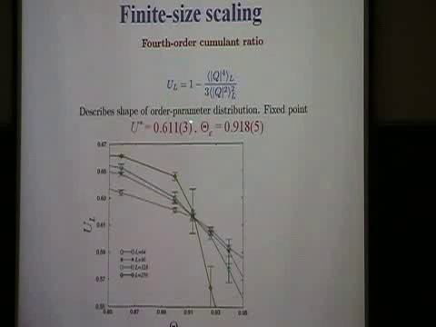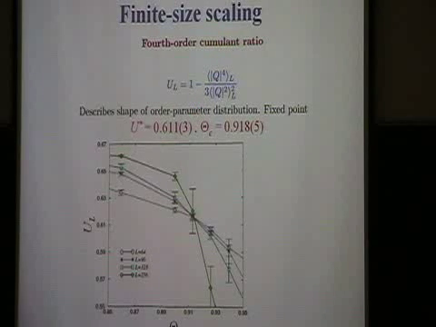It's essentially a way of calculating the shape of the order parameter distribution. If you're in the ordered state, where the order parameter distribution is essentially Gaussian around a non-zero mean value, then this gives you two-thirds.